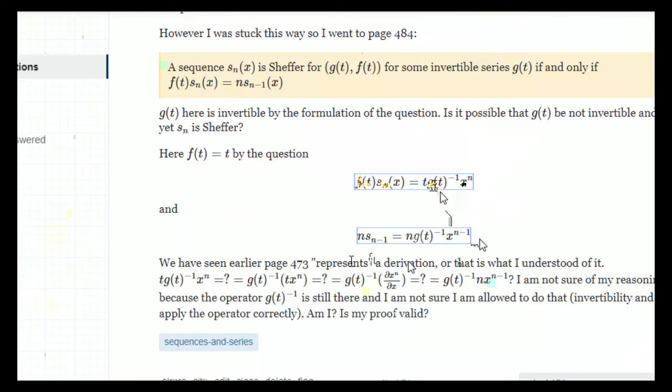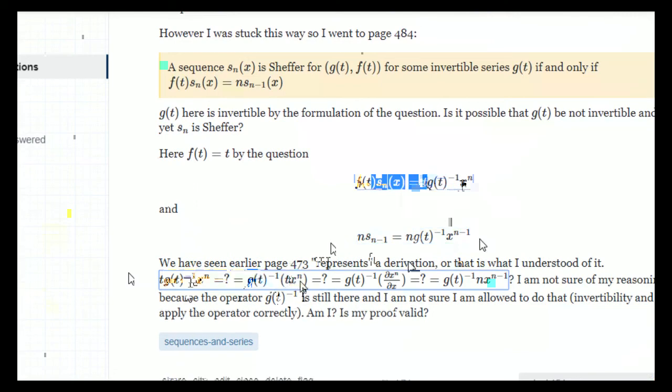Now, earlier we've seen that t represents the operator of derivation, so that's what I understood of it. However, I'm not sure if I'm allowed to swap the t and the g(t)^(-1). Is it equal to g(t)^(-1) times t of x^n?